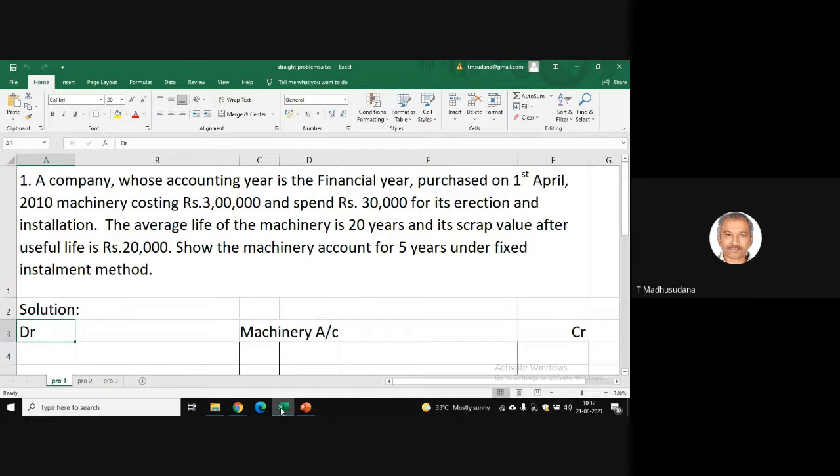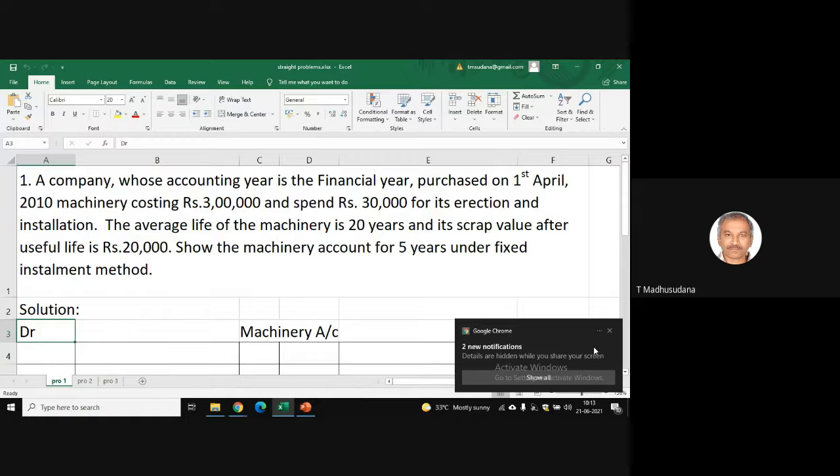If there is no specific instruction regarding which year they are following, whether financial year or calendar year, then you have to assume that this company is following calendar year.